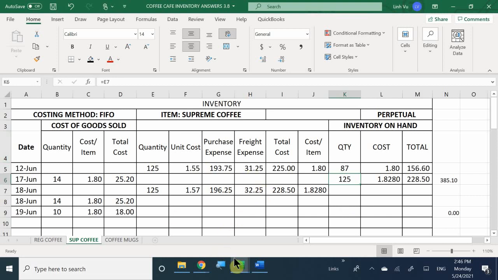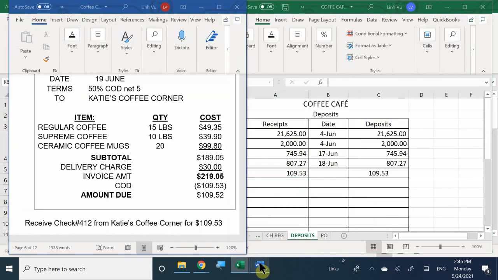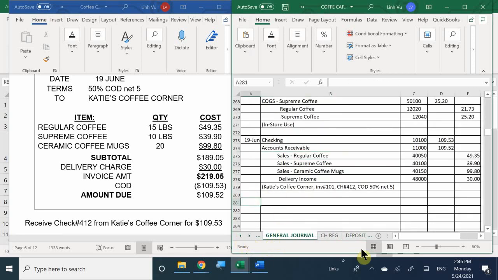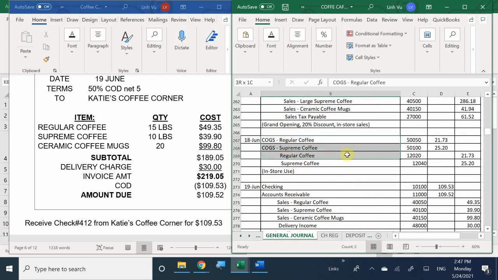Then I went back to the general journal. I put in my cost of goods sold, regular coffee, cost of goods sold, supreme coffee.